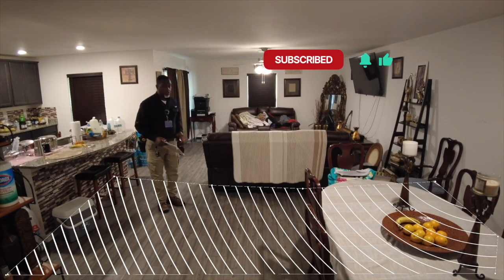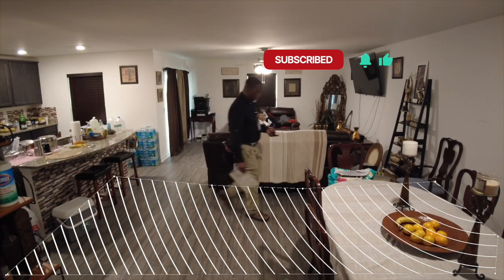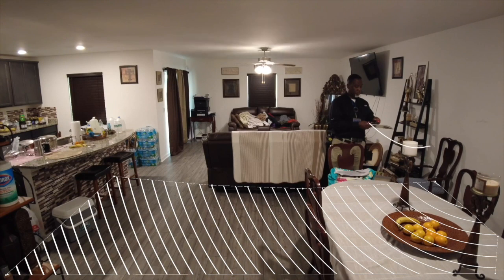So what I'm basically going to do, I'm going to stand here and get this measurement where my missing wall is going to be. 9.